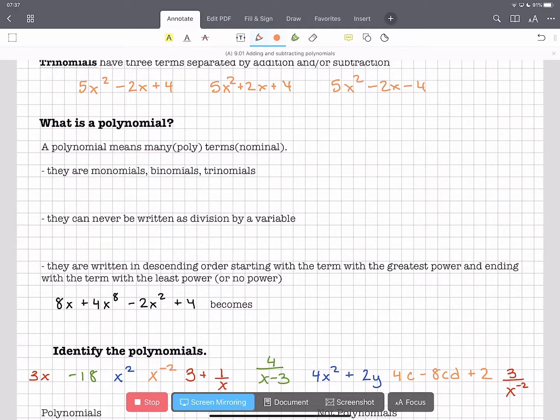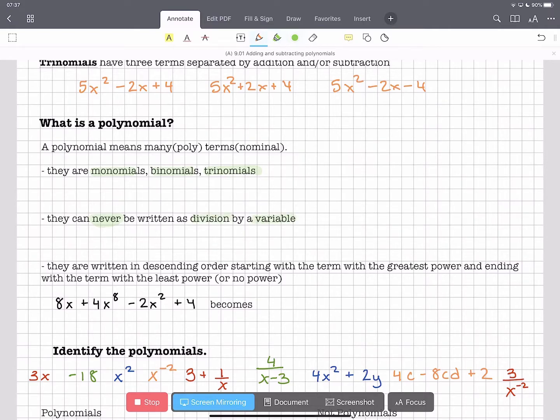So polynomial just means that there are many terms. As we discussed already, polynomials can be monomials, binomials, or trinomials. But there is one important catch. They can never be written as division by a variable.